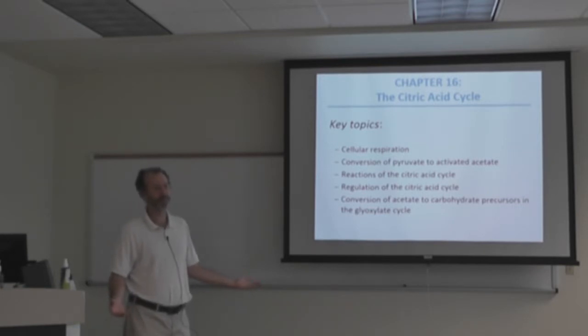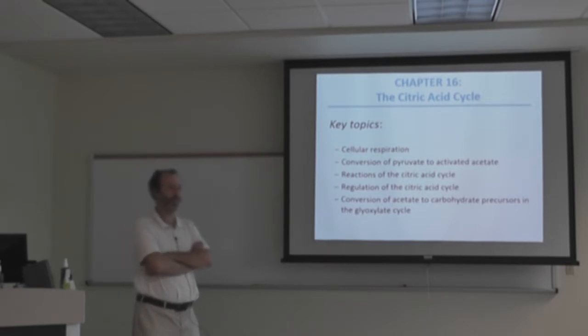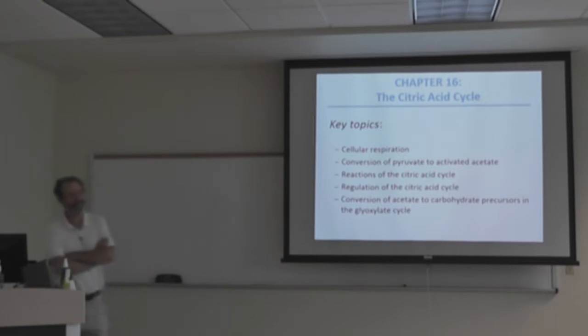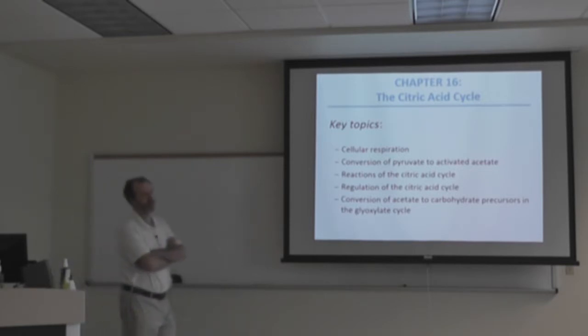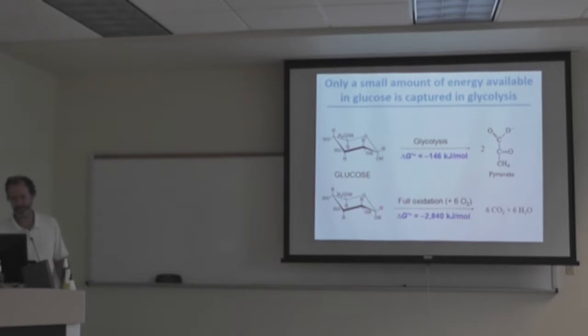High concentrations of AMP. And then in a high energetic state of the cell, you're going to have high concentrations of ATP, right? So likewise, similar regulation as we see in glycolysis.